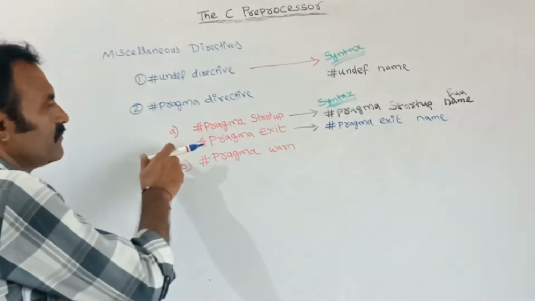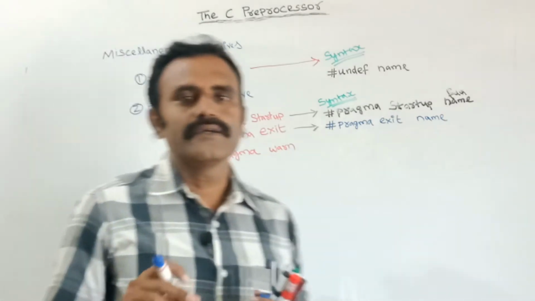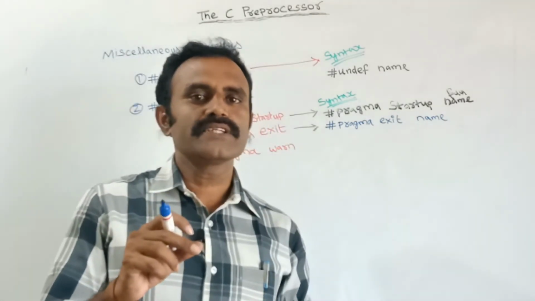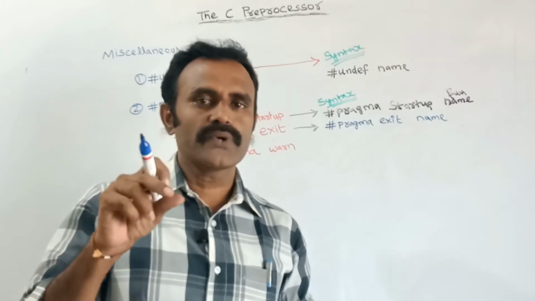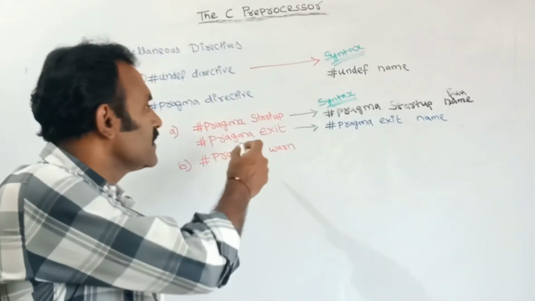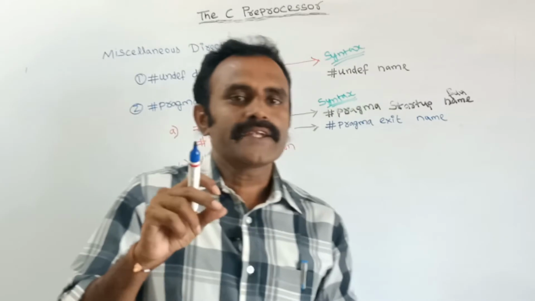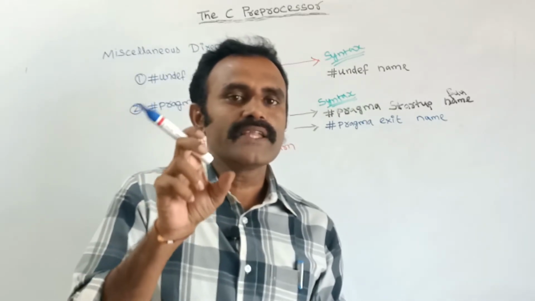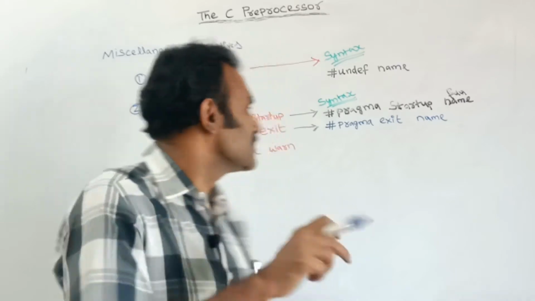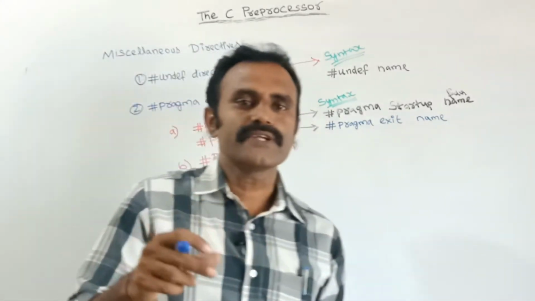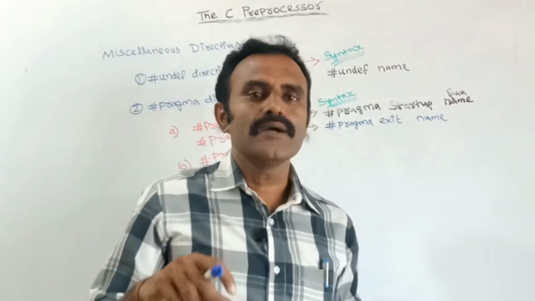For what purpose are we using this pragma exit? Before terminating the program, this pragma exit directive holds a function. That function held by the pragma exit will be executed before terminating the program.